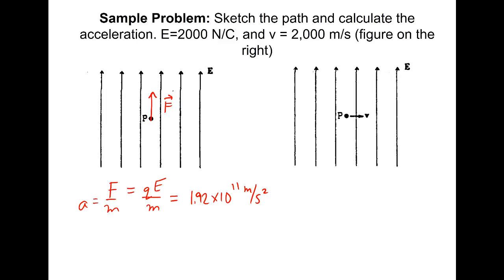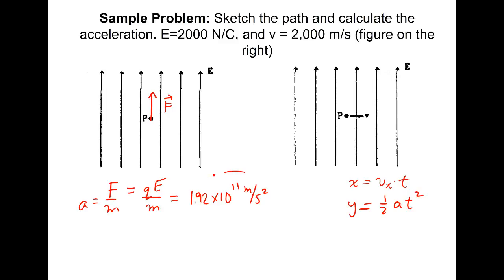Okay, now on the right, where we have an electric field and we also have an initial velocity, we could say that x is basically Vx times t, but y is going to be Vy initial times t, which is 0, plus 1/2 a t squared.